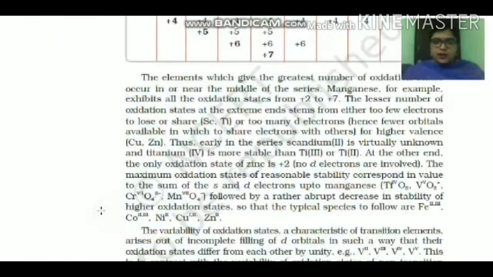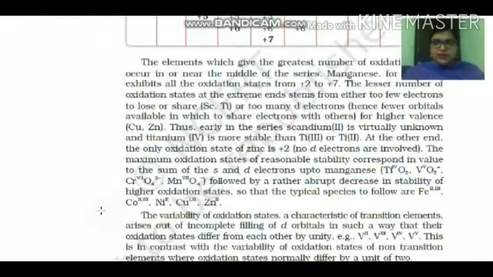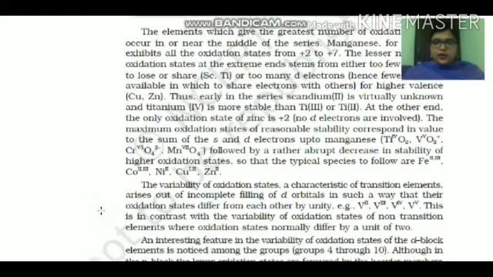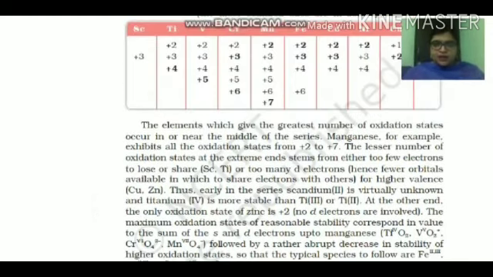Now, children, you can see the variation in oxidation state, whatever is written here, I am explaining. There is a variation in oxidation state, and here there is an increase in oxidation state by unity. Here you can see +2, +3, +4, +5, +6, +7, meaning the electron is progressively filled in the d orbital.